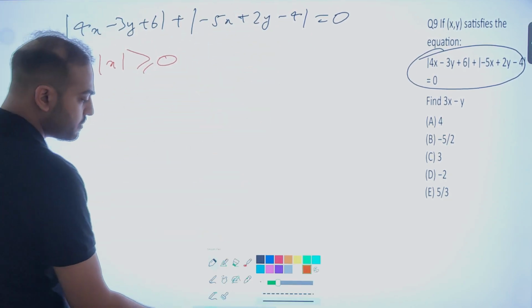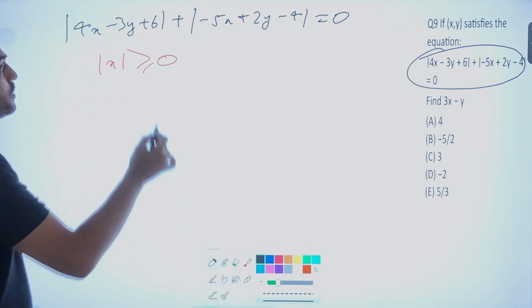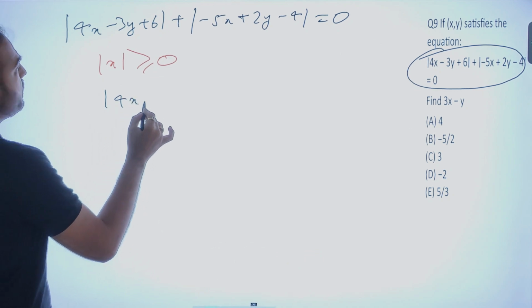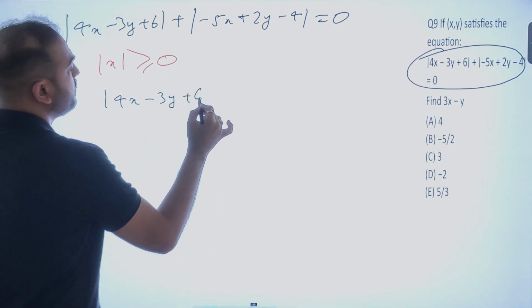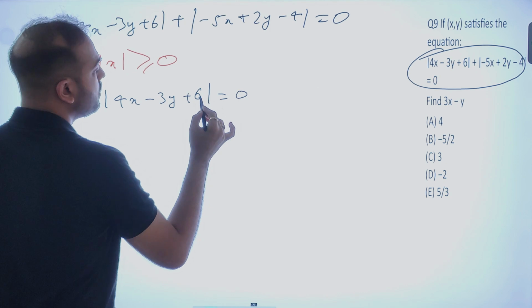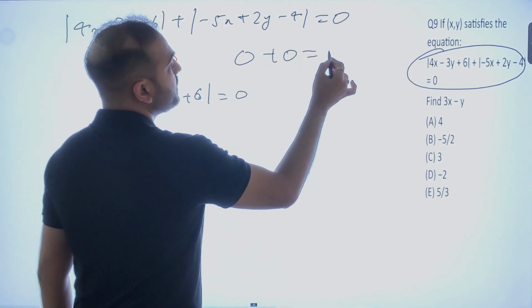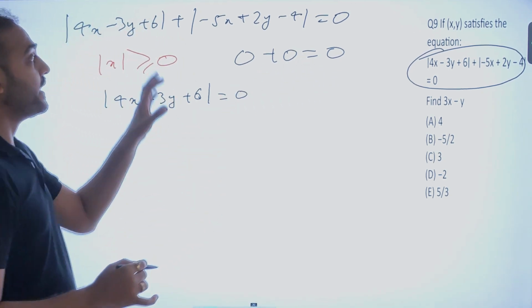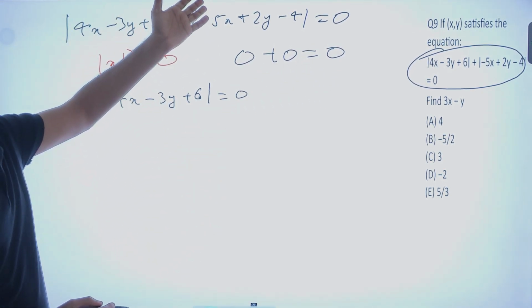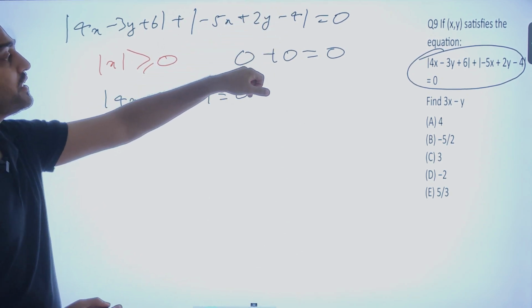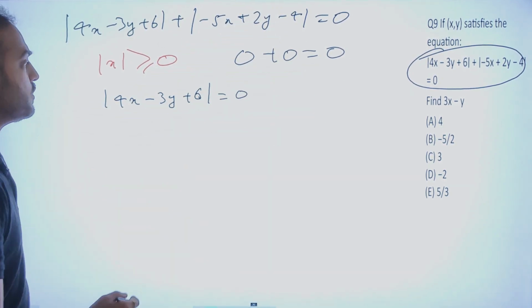How can the sum of the numbers be 0? The only way this is possible is if individually they have to be 0, because 0 plus 0 will give you 0. Either they are 0 or positive, so when you add them up, the only way the answer can be 0 is 0 plus 0.